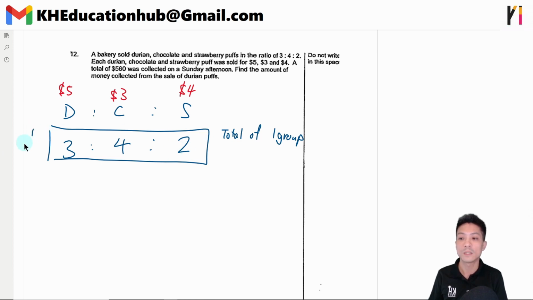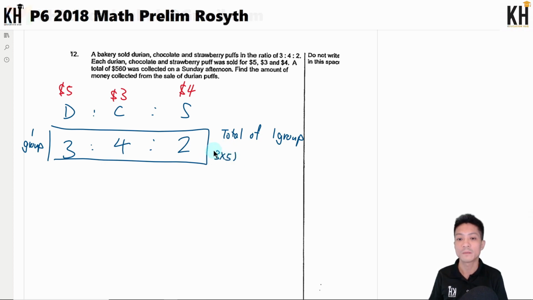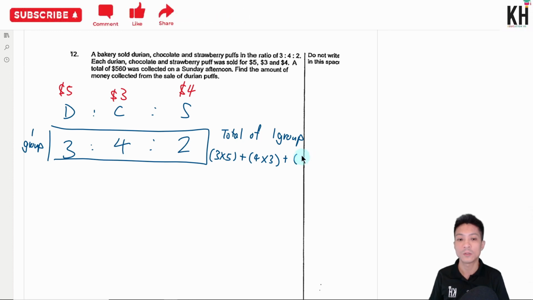So this is the one group. It's going to be 3 times 5, which is the durian, plus 4 times 3 for the chocolate, plus 2 times 4.